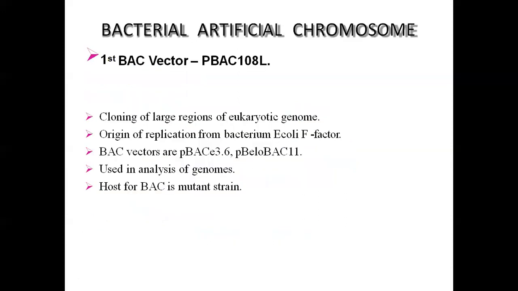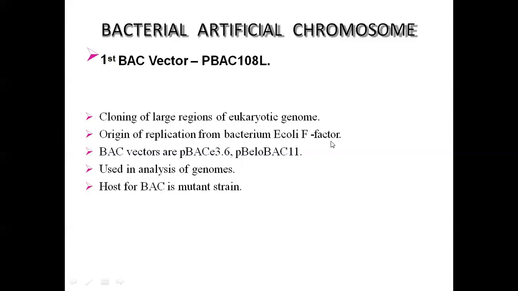The bacterial artificial chromosome has some features. An example is pBAC108L, used for cloning large regions of the eukaryotic genome, because you can work with the eukaryotic genome.